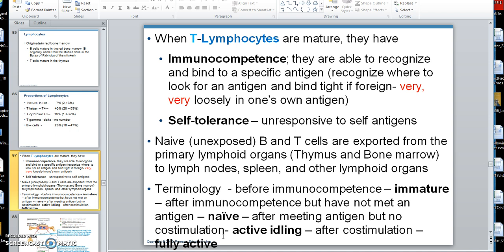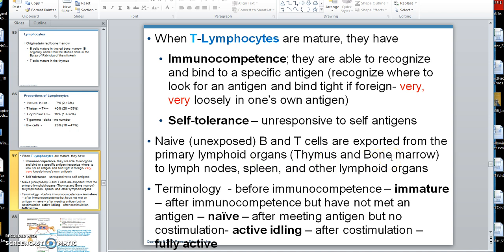So for a T cell, that means it comes out of the bone marrow, let's say, immature. Now it goes through the education process. But T cells, there are two areas of education: immunocompetence, first course, and then self-tolerance, we'll talk about. The primary lymphoid organs are the thymus gland and the bone marrow.